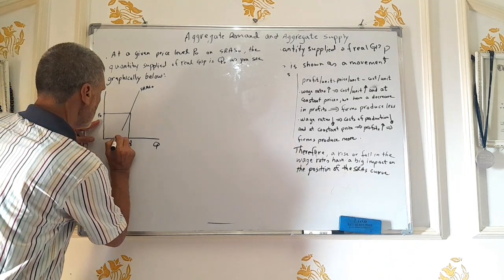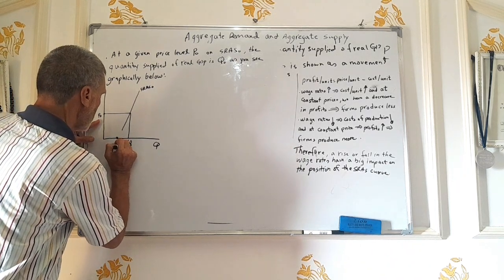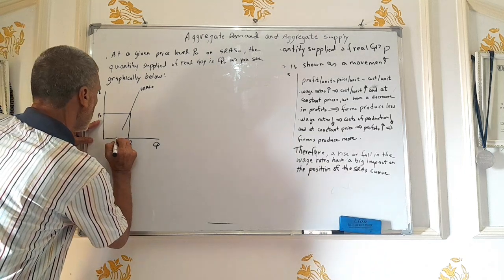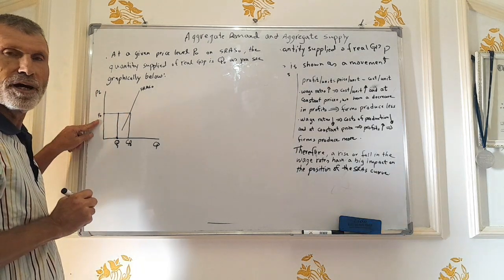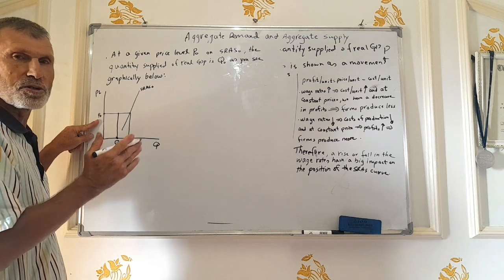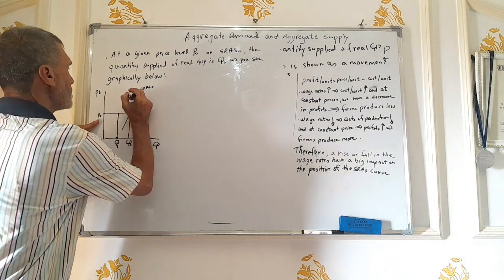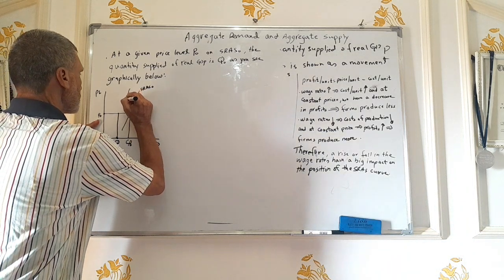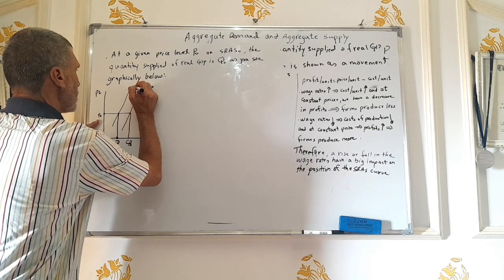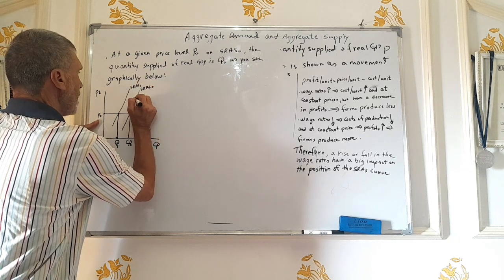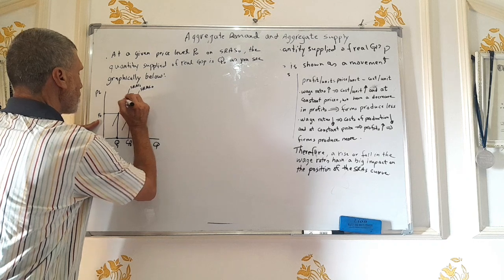Where are we going to see this? Over here, Q1, on a new short-run aggregate supply to the left of this. This is short-run aggregate supply 1. As you can see, there is a shifting of this.